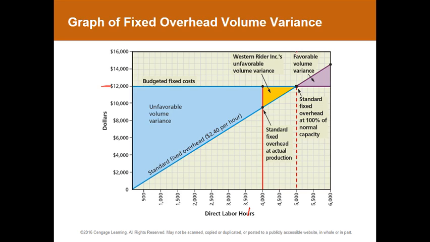We know that 100% capacity is 5,000 units. So that's this point here. Anything that falls to the left is going to fall into the unfavorable, and anything that falls to the right would be favorable.